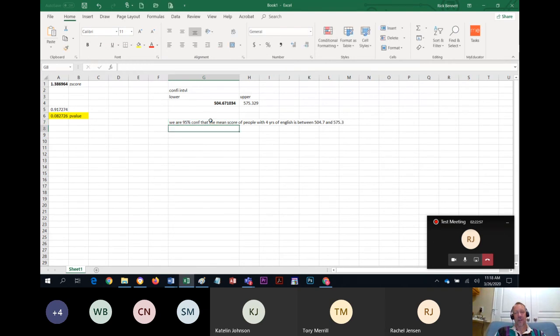Okay. Now let's answer the same question. Is there evidence that 4 years of English gives better scores in math? So what do you guys think? Based on that confidence interval, is there evidence?